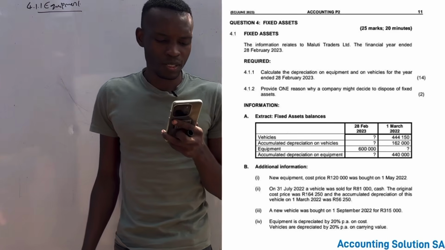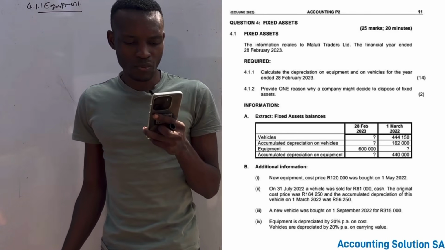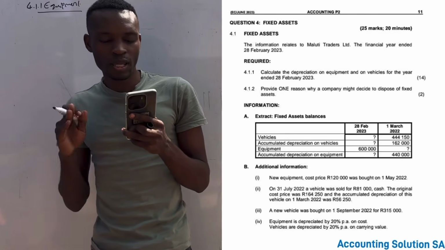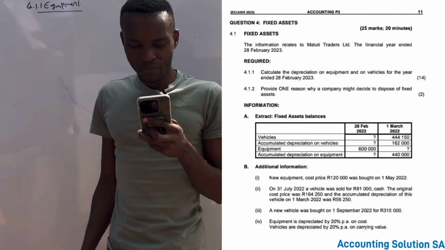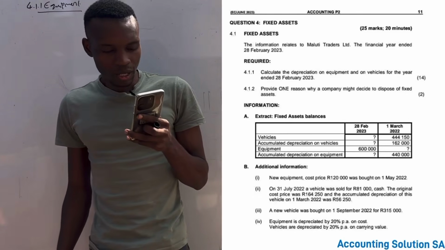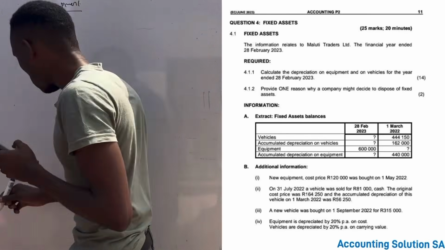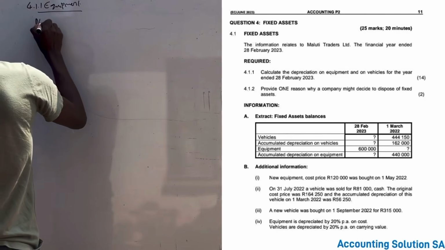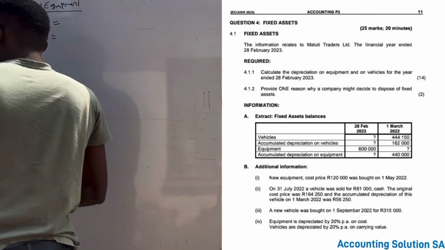Information number 1: new equipment with a cost price of 120,000 was bought on 1 May, and our year is ending 28 February 2023. So now we have to split this calculation. We calculate depreciation of new equipment, and we do a calculation of old equipment.